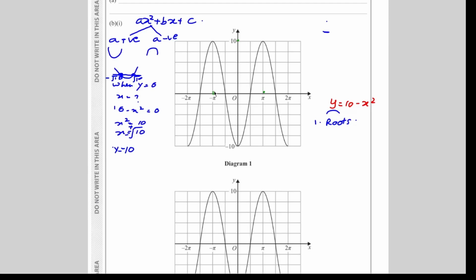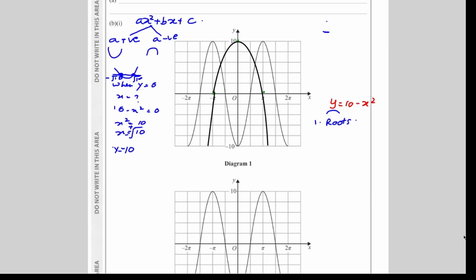We can get it like this. Okay, we are getting a curve like this.